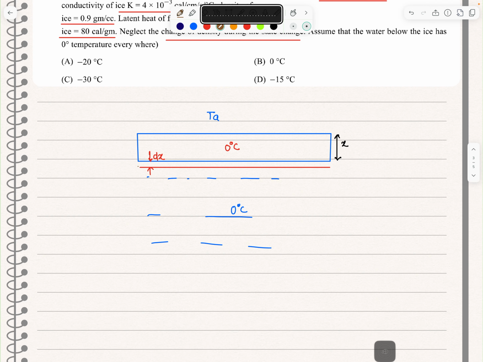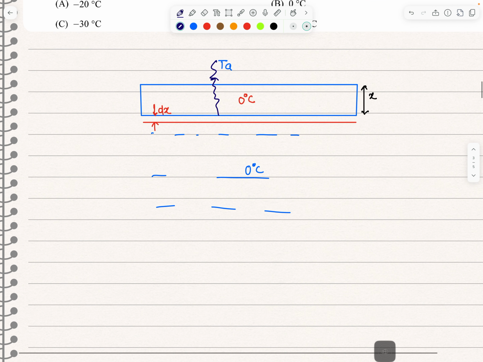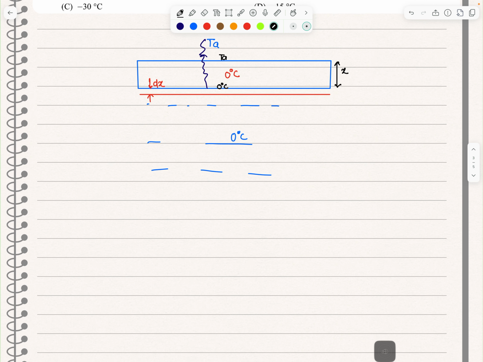Now, whatever ice has formed, because of that heat will be released. That heat is being conducted through the ice layer. So obviously at this point the temperature is 0 degree centigrade, and at the top it is in contact with the atmosphere, so the temperature of the ice will be Ta at the top surface.